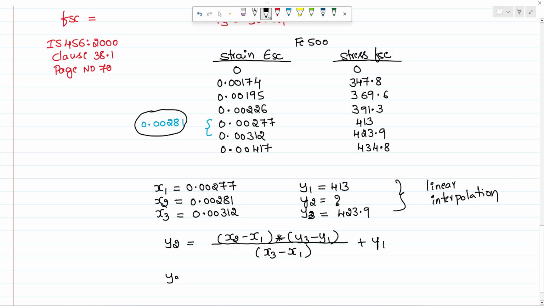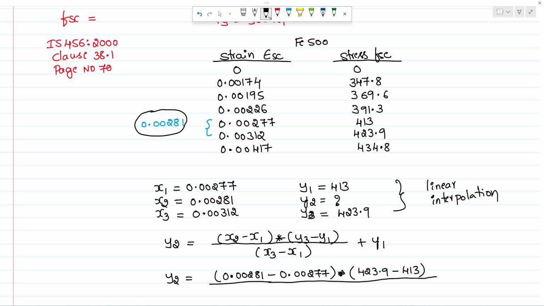Let me substitute the values. y2 equals, x2 is 0.00281 minus x1, 0.00277, into y3, which is 423.9 minus y1, which is 413, divided by x3 minus x1. x3 is 0.00312 minus x1, 0.00277, plus y1, which is 413. So let me solve this.